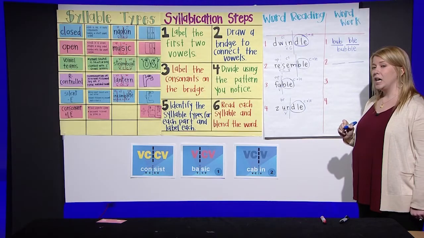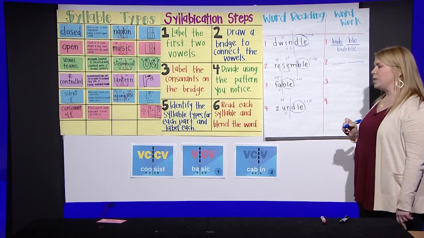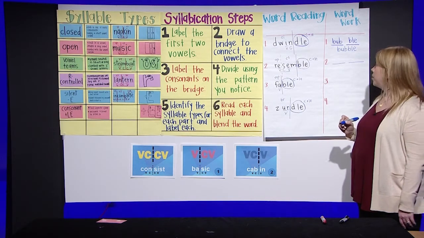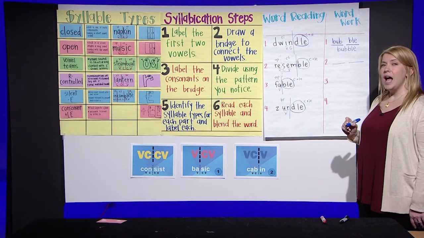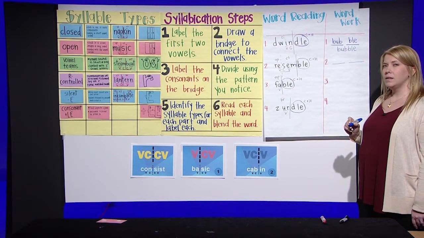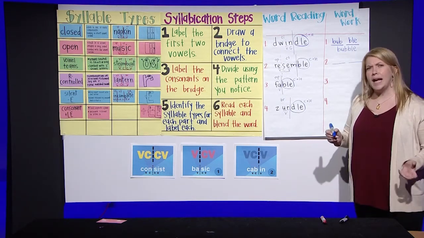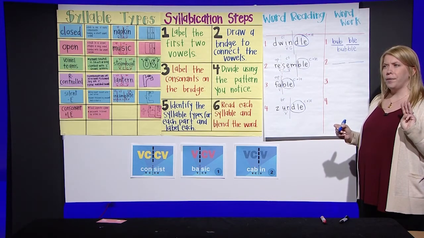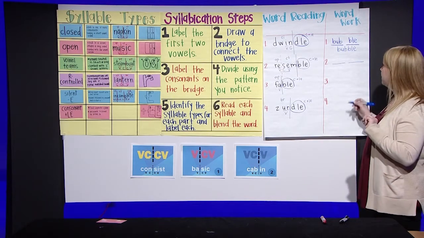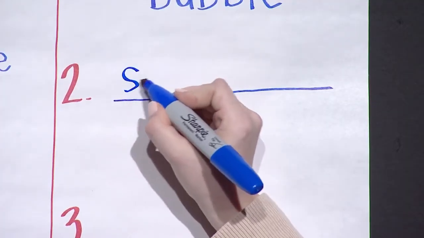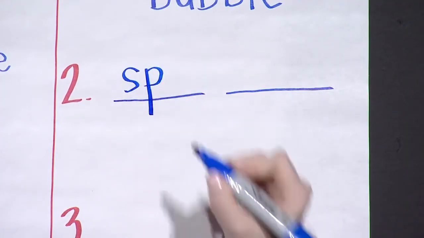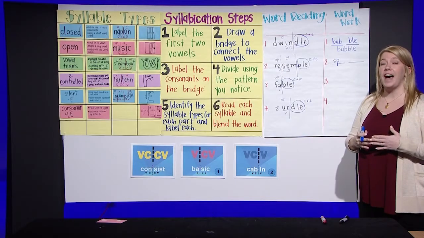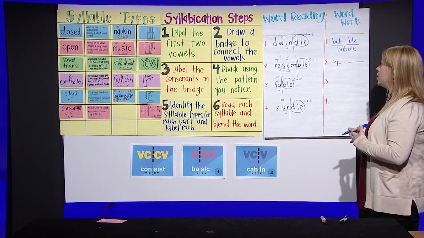So let's go back to the first part. What was the first syllable? Spar. How would we spell that? Okay, good. Let's count those sounds first. S-p-r. Now remember I said that every syllable has to have a vowel. So can we just write the letter R?